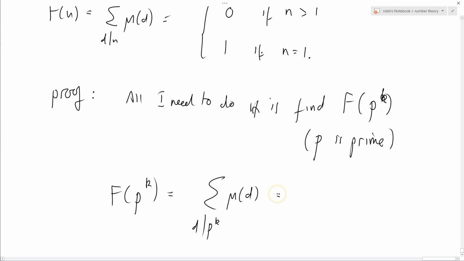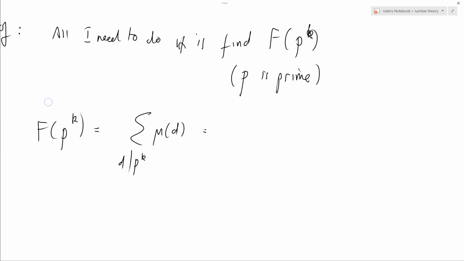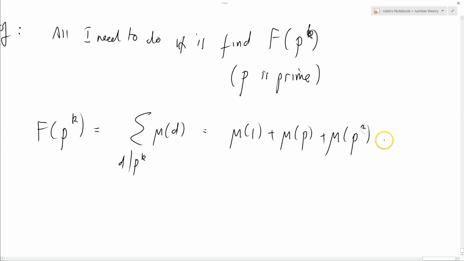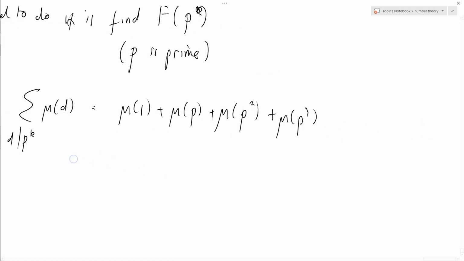But because it's a prime power, the divisors are dead easy to write out. That's just mu of 1 plus mu of p plus mu of p squared plus mu of p cubed. You see, I'm going through all the d's that divide p to the power k. Plus and so on, plus mu of p to the power k.